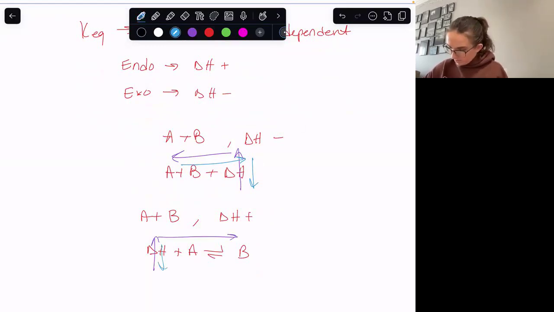And if we decrease temperature, we go towards reactants. So it's not necessarily a direct or inverse for KEQ. It's very dependent on if it's endo or exothermic, and then if you're increasing or decreasing temperature. But for rate constants, anytime you have a higher temperature, you have a higher rate constant.